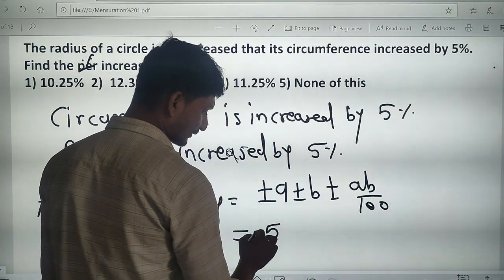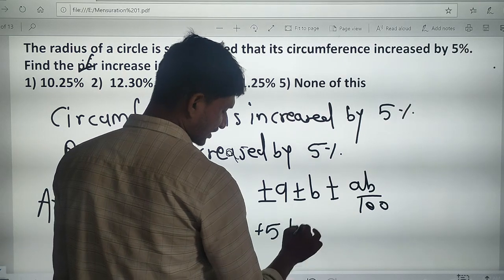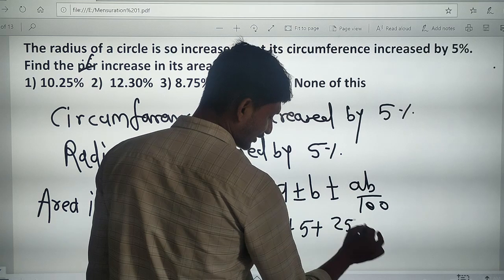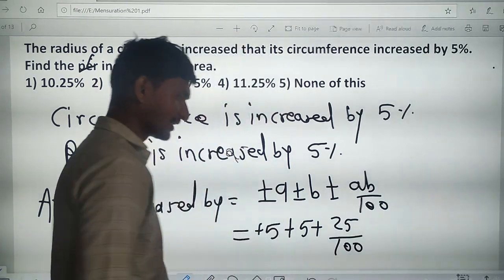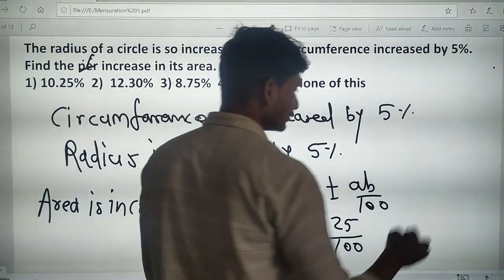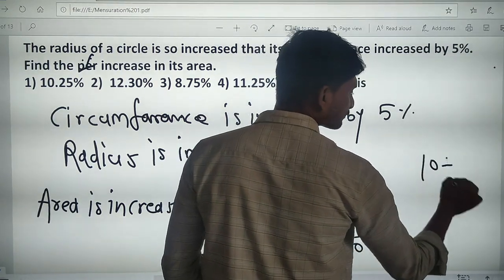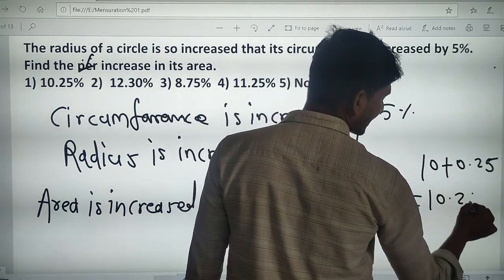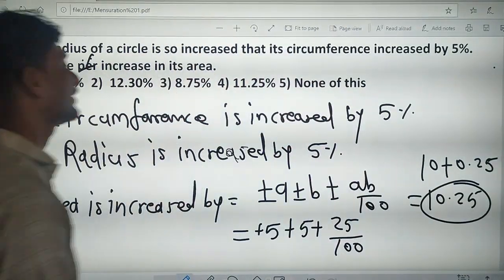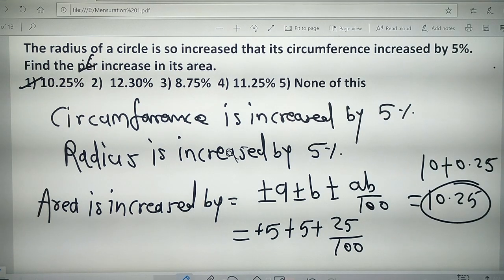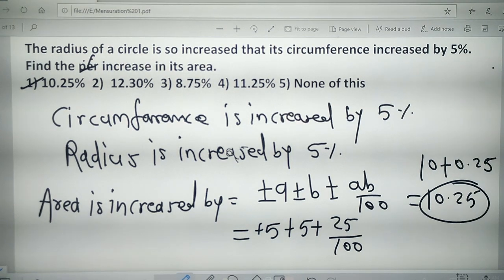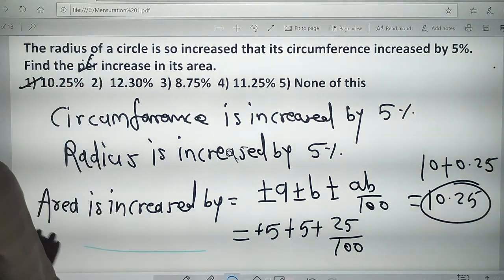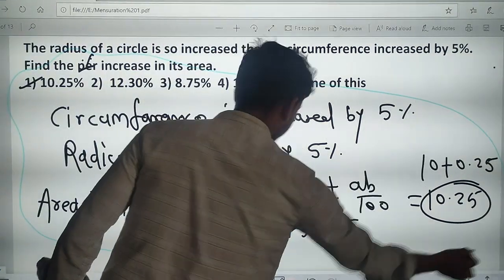Then area is increased by, we take plus 5, 5 into 5, 25 divided by 100. That is 5 plus 5, 10, plus 0.25. Then your area is increased by 10.25%. This is your answer. Your area is increased by 10.25%. Now next.